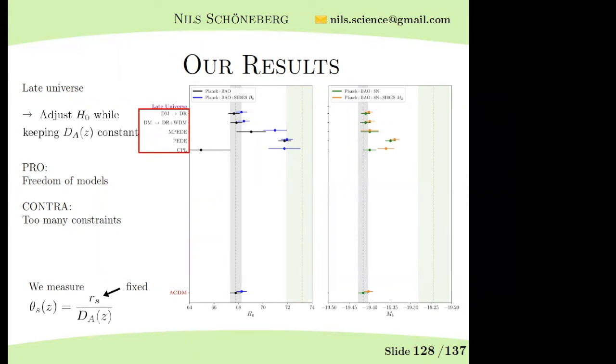We considered an expansion of the dark energy equation of state at low redshift. And we considered two models in which dark matter is decaying into something. So this I was talking about before. You can do some phenomenologically motivated change of the w of z, or you can let dark matter somehow disappear.